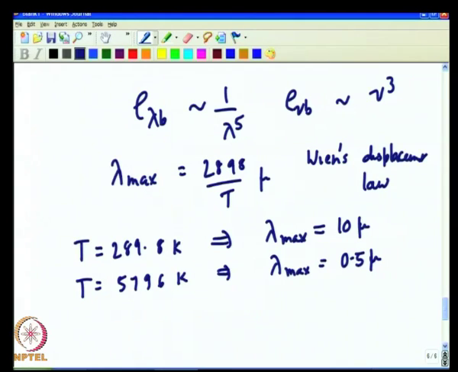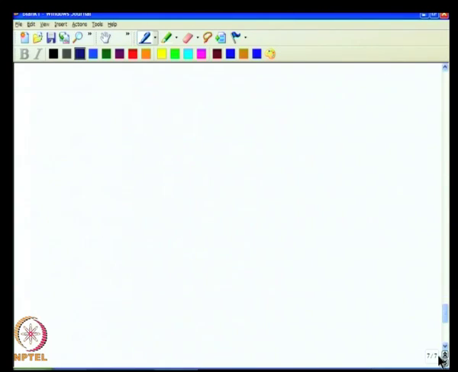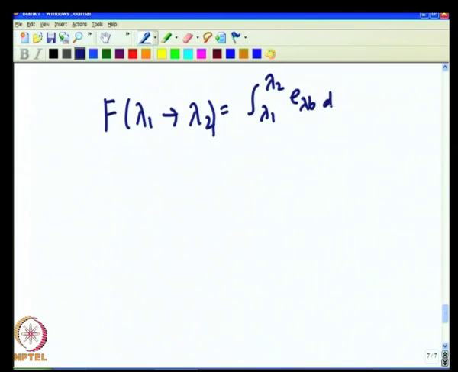In addition to where the maxima lies, we also would like to know how much energy lies in a certain wavelength range. So, we would like to know the following quantity: what fraction of radiation from a black body lies in the, let me just write down this expression.